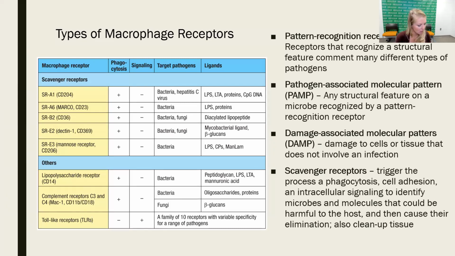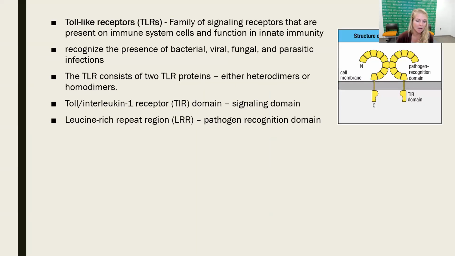So at the bottom here, we have our toll-like receptors. Toll-like receptors, or TLRs, are probably some of the most characterized pattern recognition receptors. And there's a variety of different types of toll-like receptors.